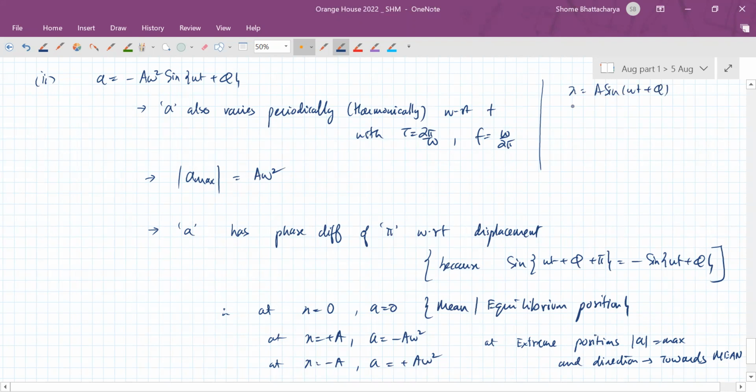So at this point of time, what is the acceleration? It is minus A omega squared sin(omega t + phi). You can see the relationship between the two. There's a phase difference of pi. So at a time when x will be plus A, what is the value of this sine term? It is plus 1. So what will be the value of the acceleration term? It will be minus A omega squared. Understood the point?